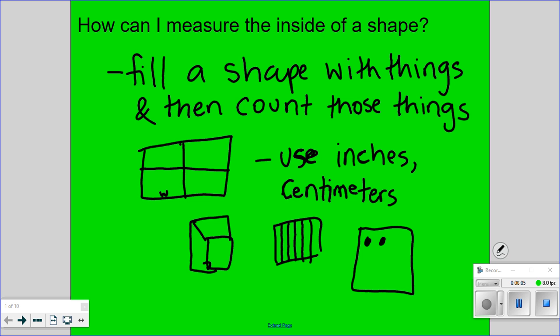So what Michael is remembering is he said, oh, an array kind of fills up a space. I can maybe use what I know about an array, similar, filling up things with other things and then counting those things.